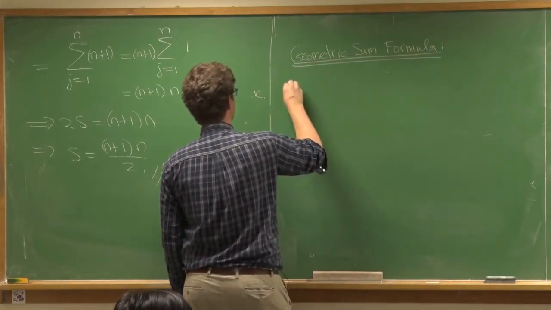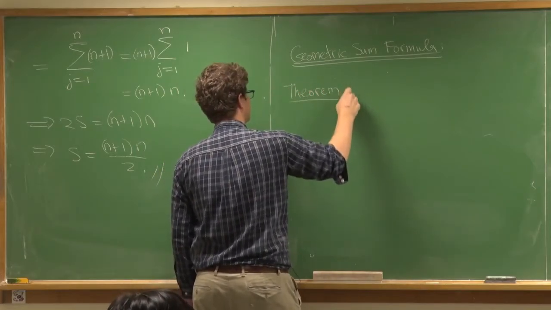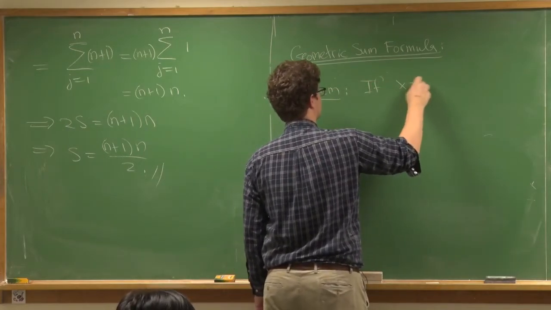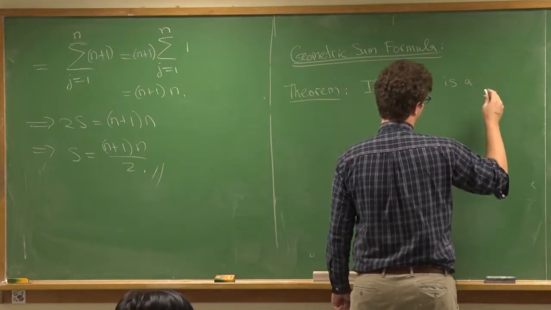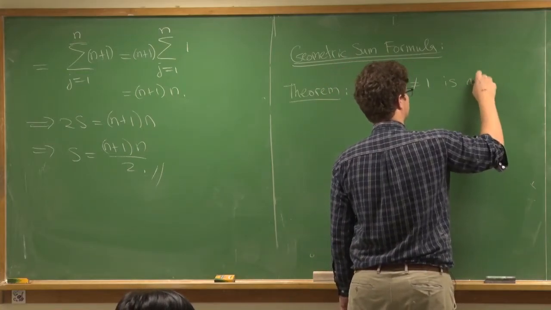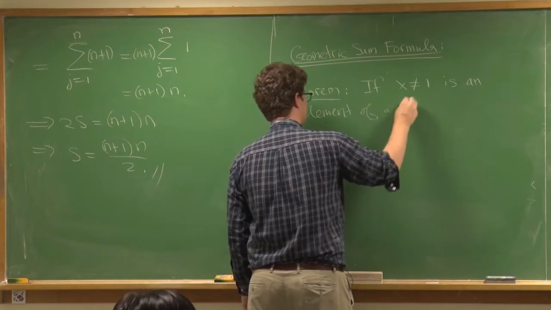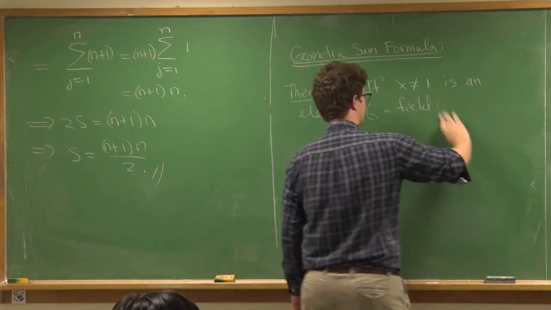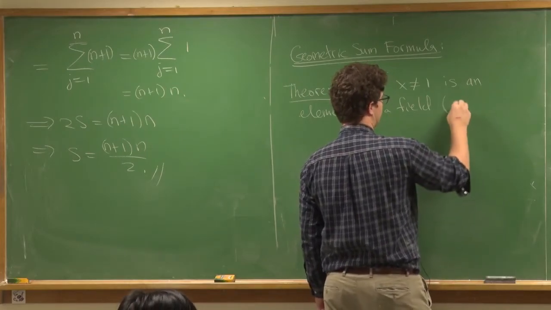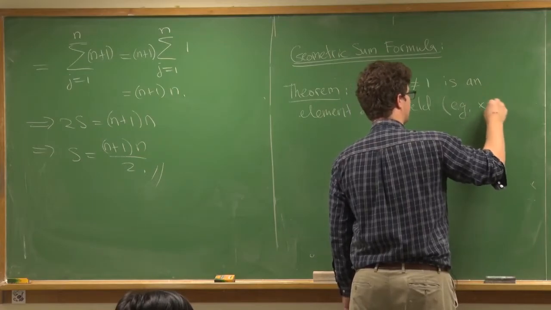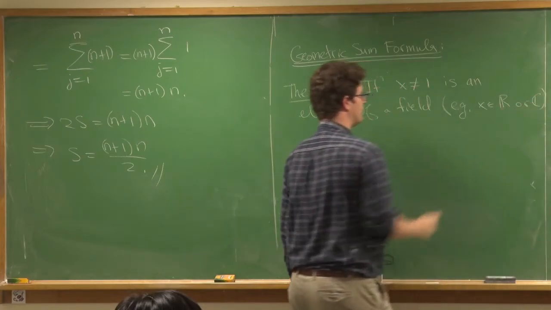Okay, so the theorem is as follows. If x is an element of a field, let's say, for example, x is an element of the reals or C, a complex number, right?